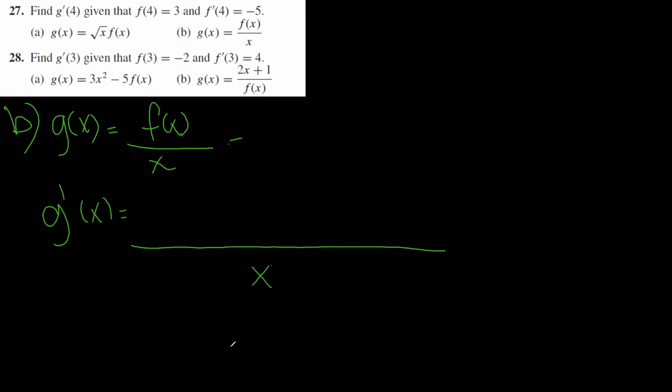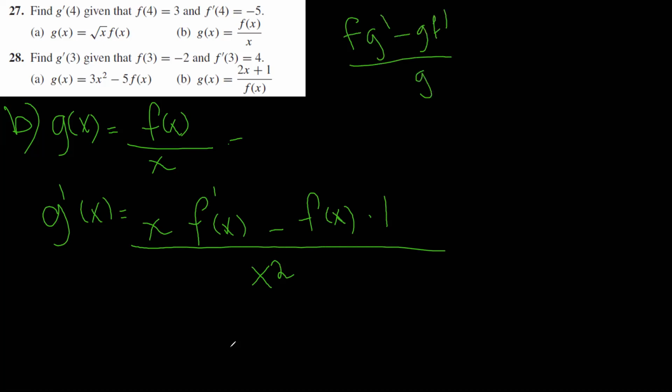B now, g of x is f of x over x. So g prime of x will be x squared, the denominator x times the derivative of x, minus f of x times the derivative of x, which is 1. I will repeat, I used f g prime minus g f prime over g squared.